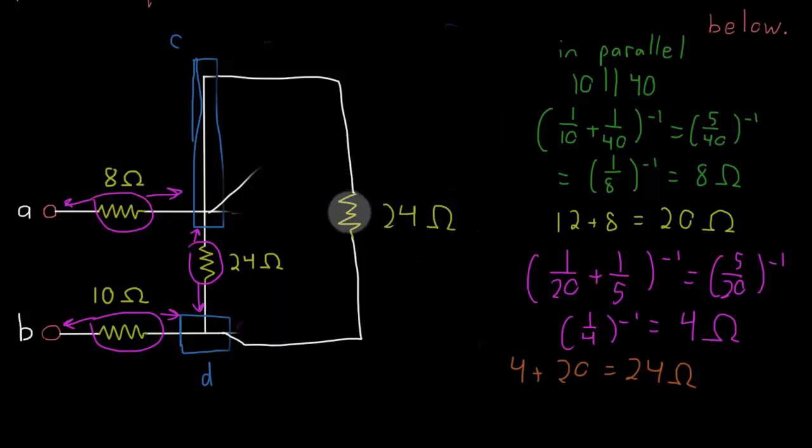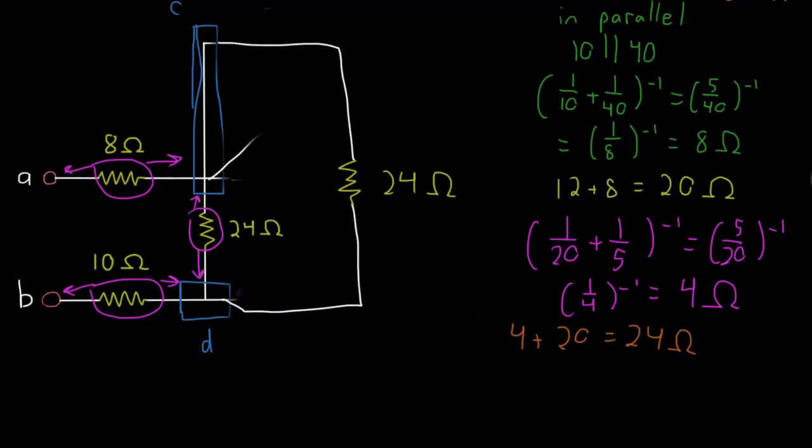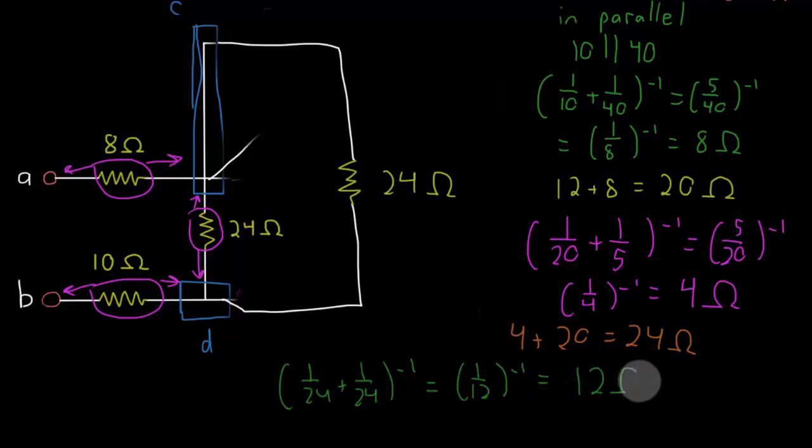And they're combined to make a 24 ohm resistor. And if you look as well, this 24 ohm resistor is actually in parallel with this 24 ohm resistor as well, since they both share node C and node D. So we can combine them to form one equivalent resistance as well. So if we do that, you see that 1 over 24 plus 1 over 24, take the inverse of that, equals 2 over 24, which equals 1 over 12, and take the inverse of that, so we get a 12 ohm resistor.